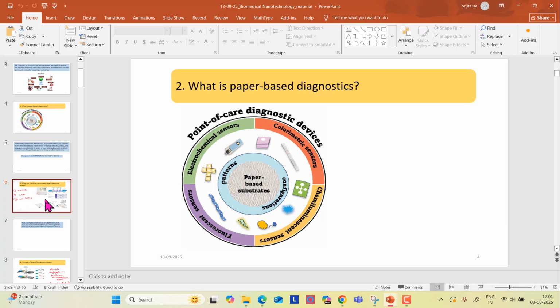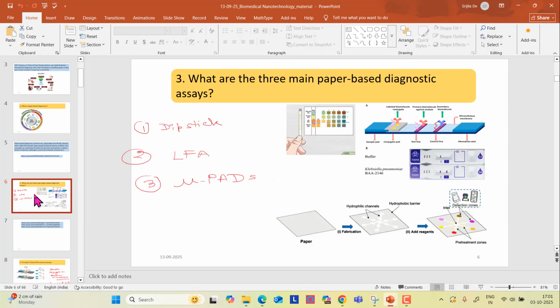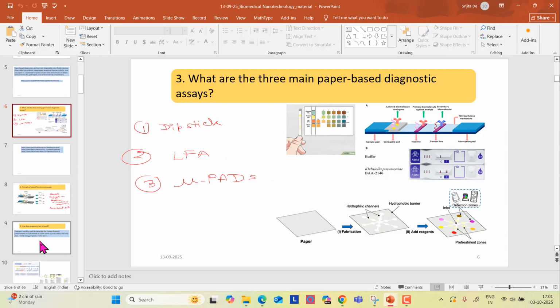Okay. So this is your LFA, lateral flow assay. This is the sample pad. This is the conjugation pad. This is the reaction pad, and this is the absorption pad. There are four pads. Our pregnancy kit is based on this LFA concept. Okay.